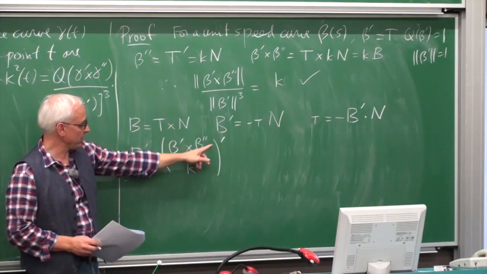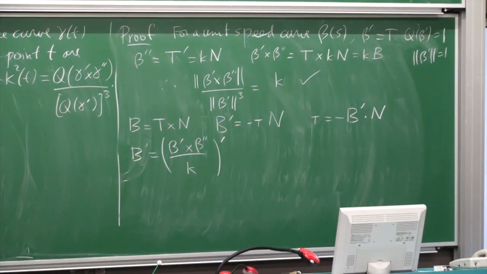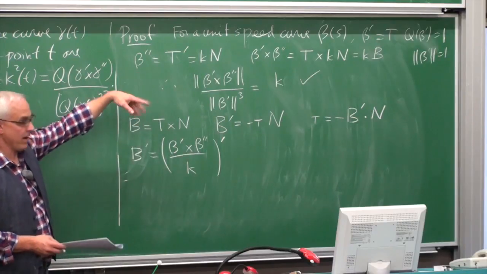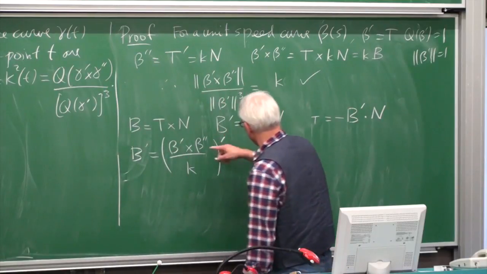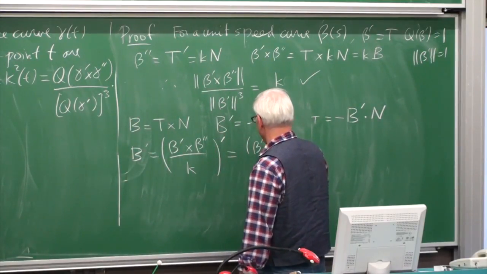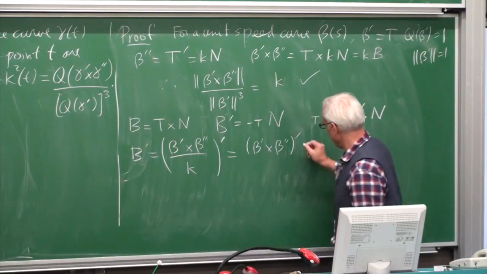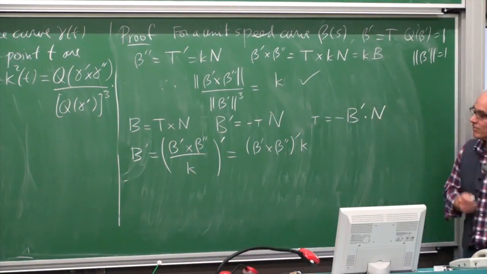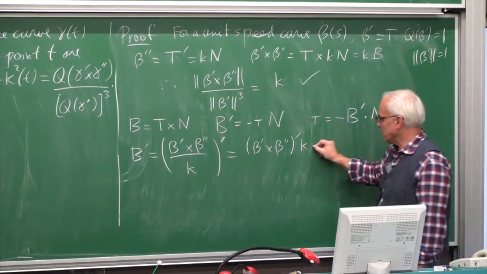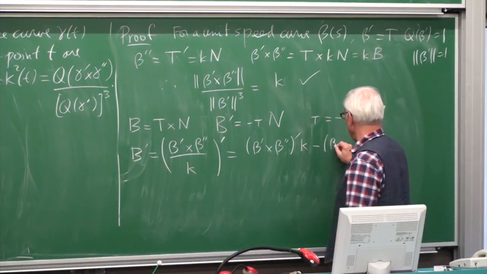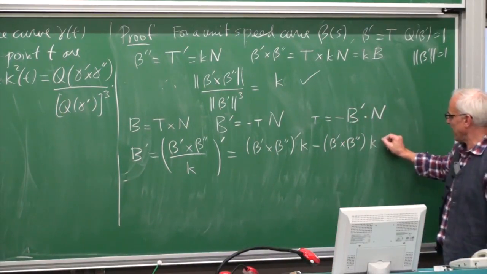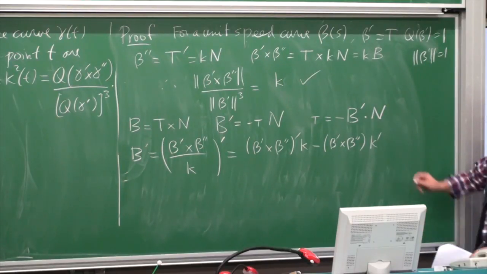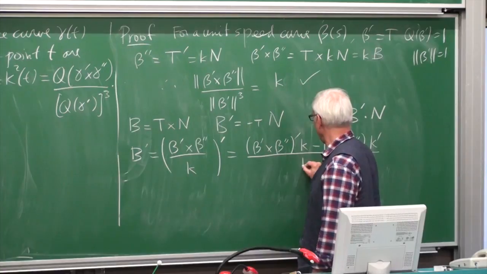So we're going to take this formula and differentiate it. Everything depends on s, all three things depend on s, so we'll use the quotient rule. The derivative of the top, I'll just write beta prime cross beta double prime prime for now, times the bottom, minus the top, beta prime cross beta double prime, times the derivative of the bottom, which is k prime, all over the bottom squared, k squared.